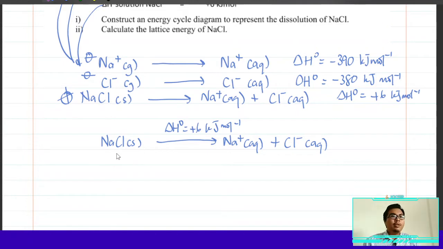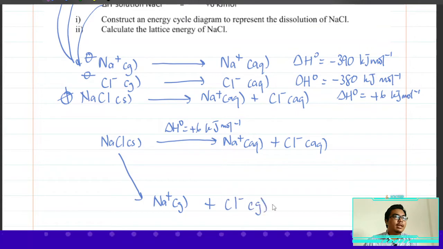Okay, kita boleh pecahkan NaCl solid ni kepada Na plus gas dan juga kepada Cl negative gas. Okay, so the process here is the reverse of lattice energy sebenarnya. Okay, so kita boleh letak kat sini is the negative value of the lattice energy.